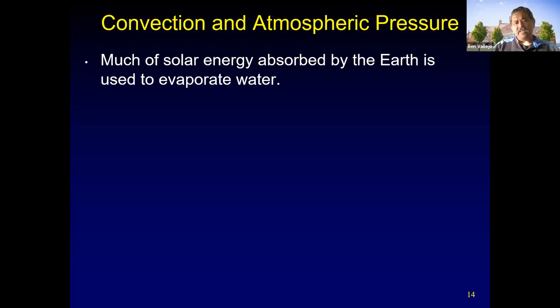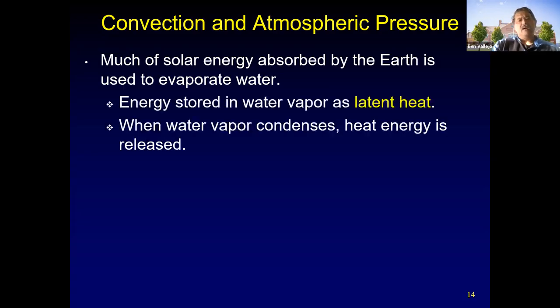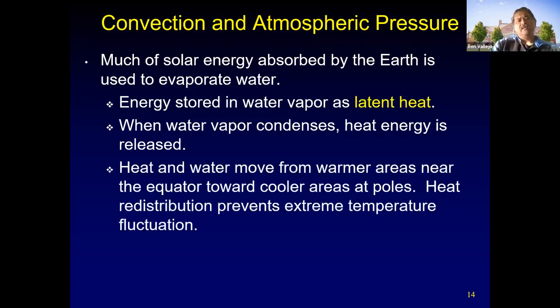This is why the deserts are typically at a latitude of 20 plus, both south and north of the equator. It's called latent heat, the heat that is in that atmosphere, especially in the water vapor. That is essentially how convection works.